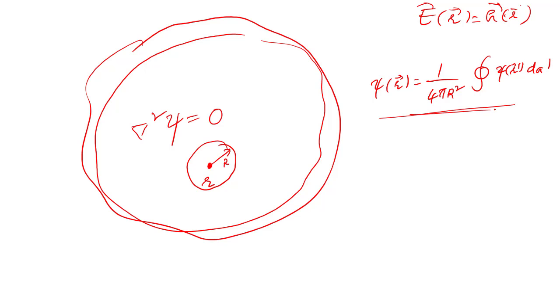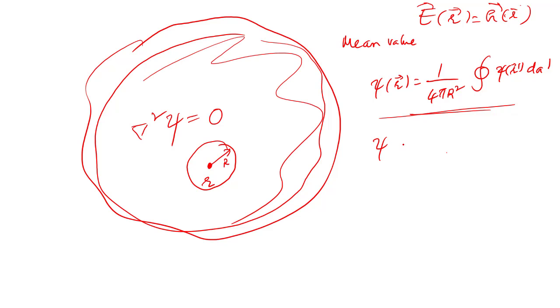This is what we have seen as the mean value theorem, right? So from this property, we can say that this harmonic function psi, whatever it is, has no local maxima or minima within this volume.